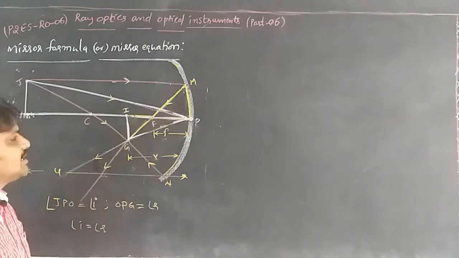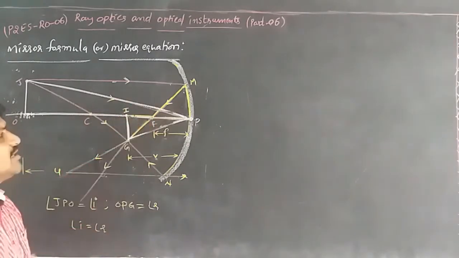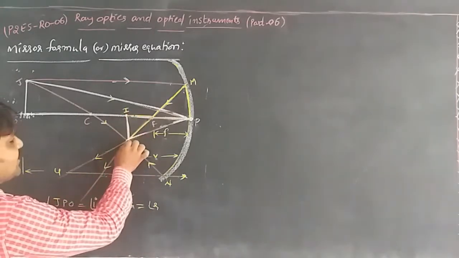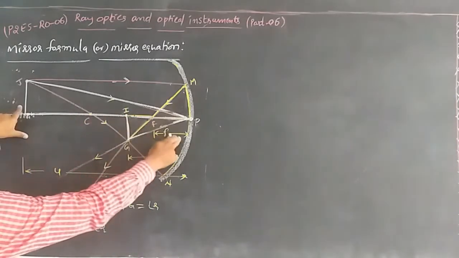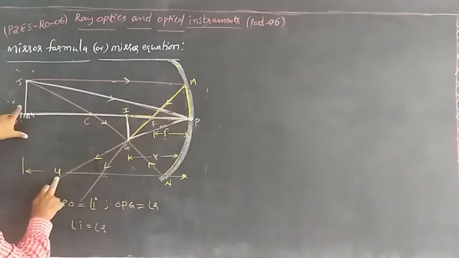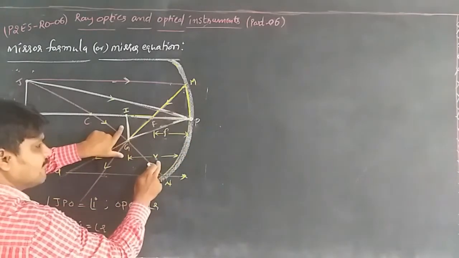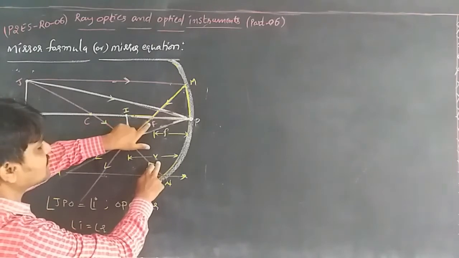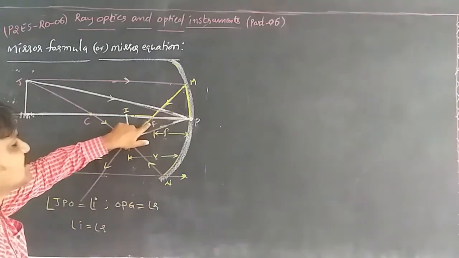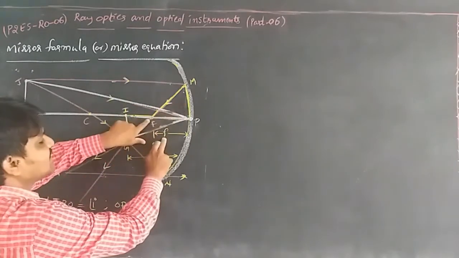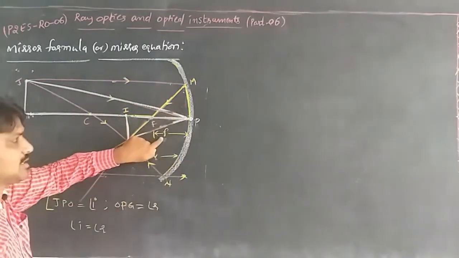When the light rays are incident on the mirror and converge, an inverted image IG is formed. The object is at a distance U from the pole, the image is formed at a distance V from the pole, and the distance from the pole to the principal focus is the focal length F, as we know.